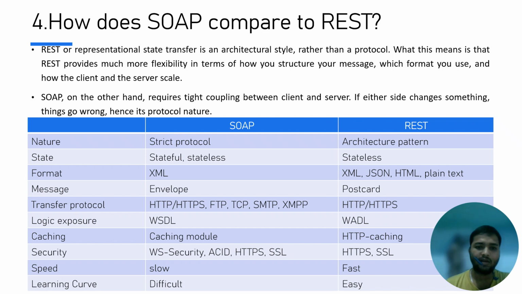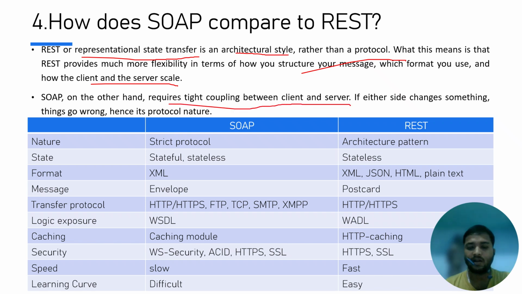How does SOAP compare to REST? REST, or representational state transfer, is an architectural style rather than a protocol. This means that it provides more flexibility in terms of how you structure your message, which format you use, and how the client and server scale. SOAP, on the other hand, requires a tight coupling between the client and server.